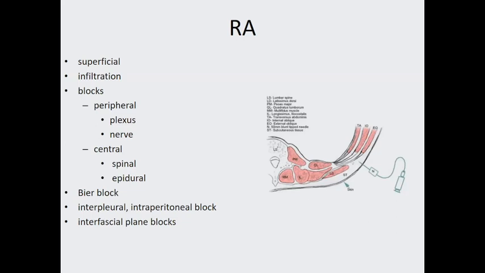We block the impulses, as I said, at different levels of the nervous system. Superficial anesthesia is a very simple method of putting eye drops on the eye. It's done by the surgeon during ophthalmologic surgery.